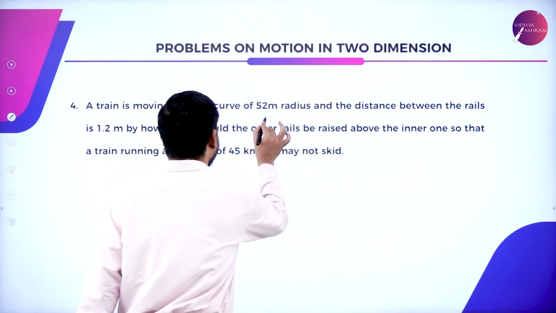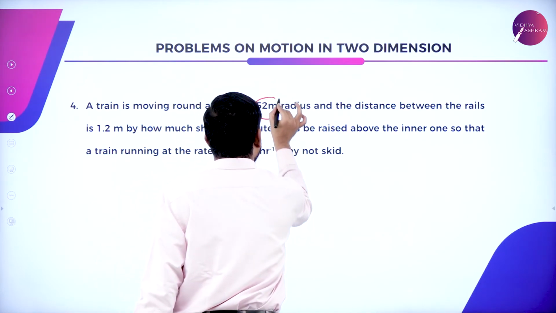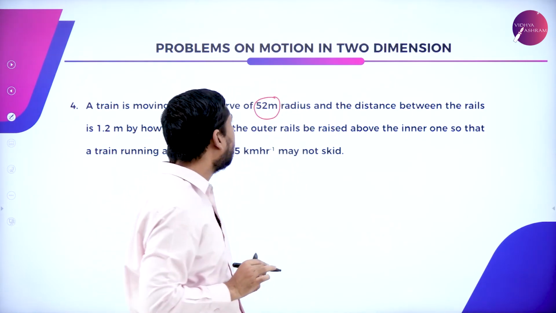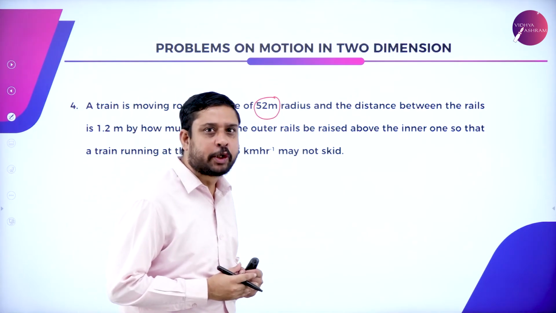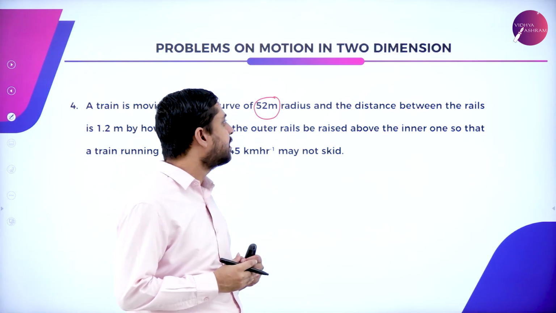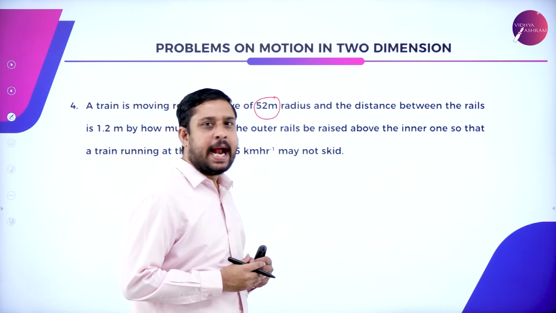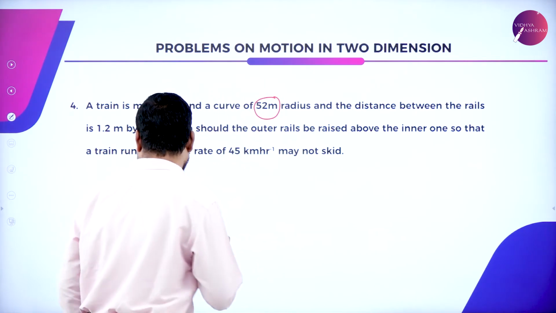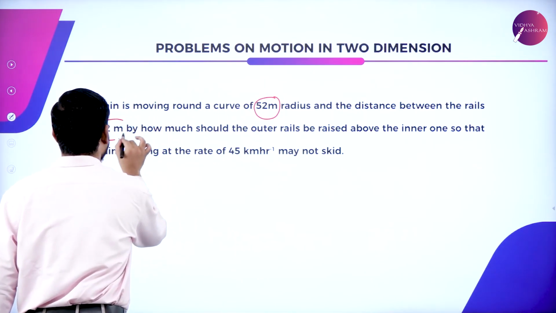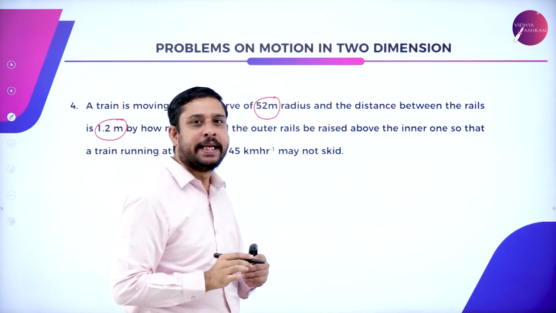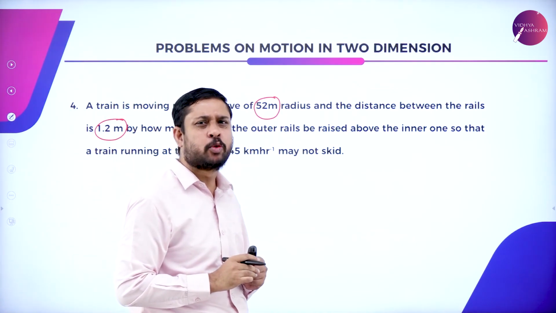A train is moving around a curve of 52-meter radius, and the distance between the rails is 1.2 meter.